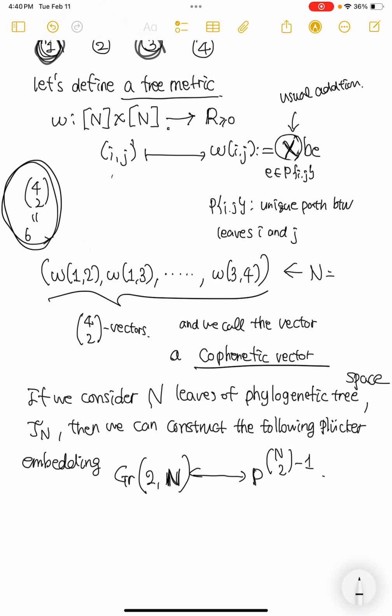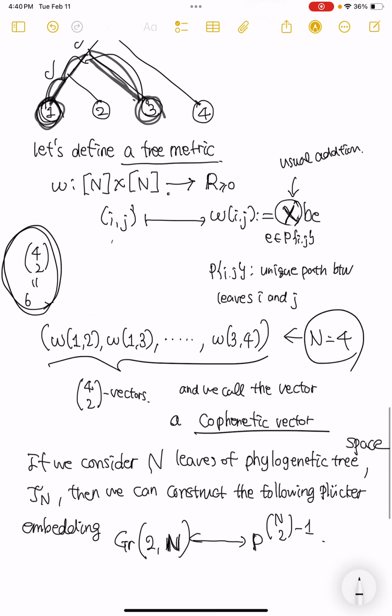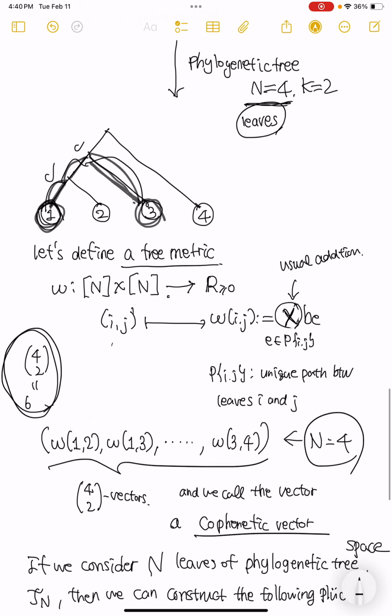In that case n is equal to 4 because there are 4 leaves.